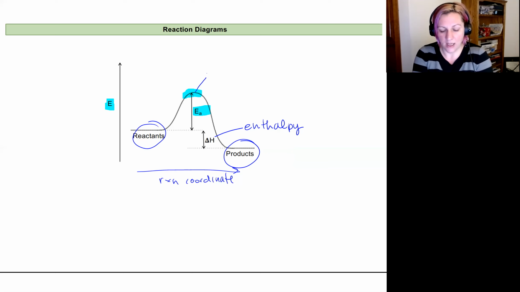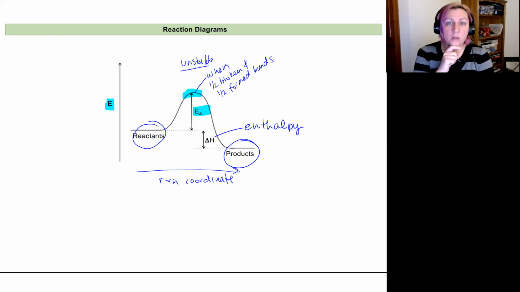And it's going to be when the bonds that are breaking and the bonds that are forming are half broken and half formed. And so this is a very unstable position right here. And so when we look at the temperature dependence of reaction rates, we're really going to be looking quite a bit at this activation energy.